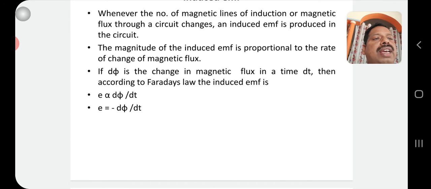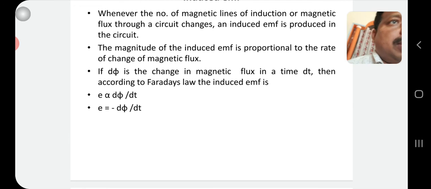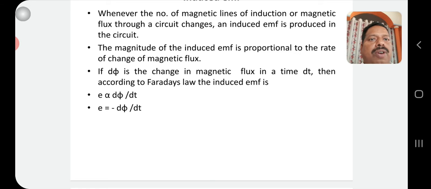That is represented by the negative sign. It is also called Lenz's law. The scientist Lenz gave this explanation. He tried to explain the direction of the induced EMF with respect to the change in magnetic flux linking with the coil. This is a PU concept.